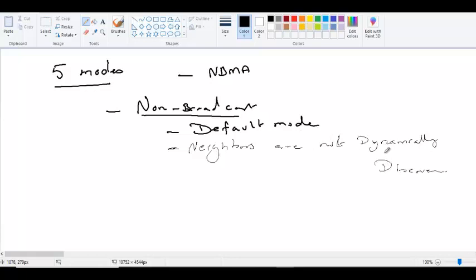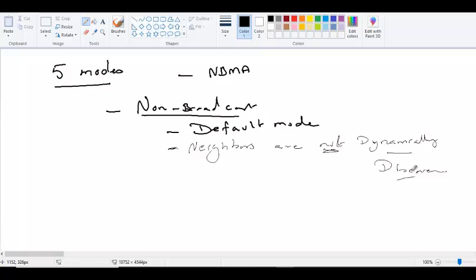So let's say in a broadcast environment, what is a broadcast environment? Normal Ethernet environment, isn't it? In the normal Ethernet environment, if you don't like dynamic discovery of the neighbor, you can go and say the interface type as non-broadcast, because there is only one broadcast domain. You understand why we are learning this?